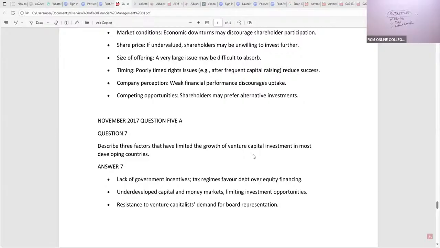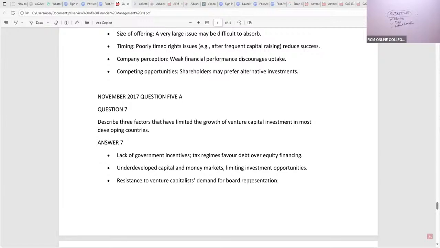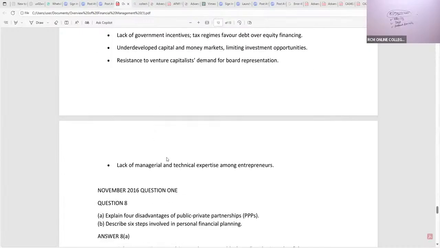Resistance to venture capitalists' demand for board representation: people don't want it. Why would I accept these guys visiting my office, telling me they are venture capitalists, but they want 51% of the company? Getting those shares back would not be easy in the future because they will be sitting on the board. Lack of managerial and technical expertise among entrepreneurs, because they want you to write a business plan. I know with this handout and with my explanation, you will be able to do something with this.